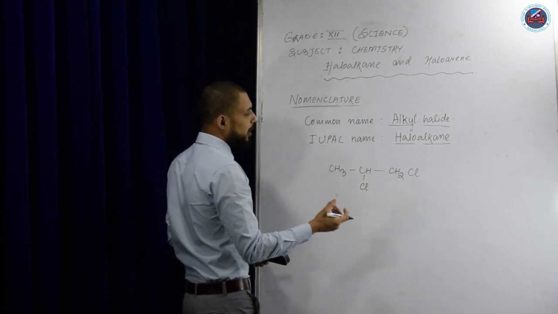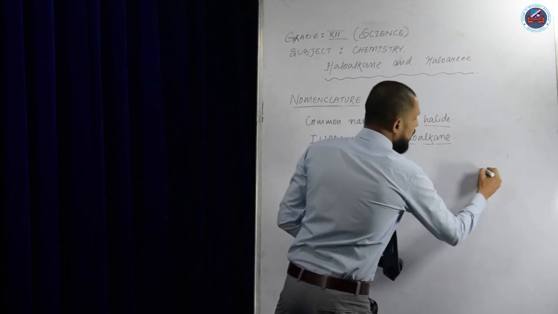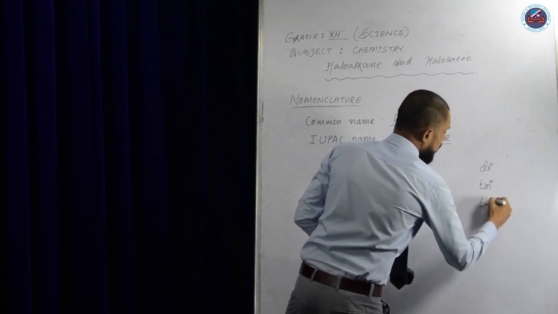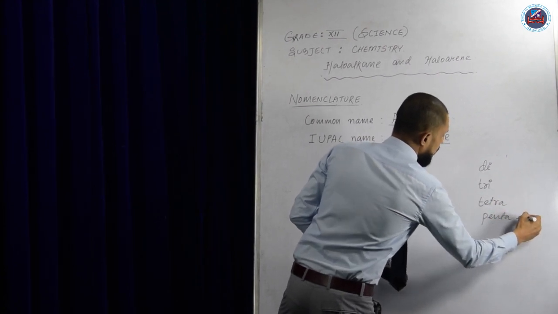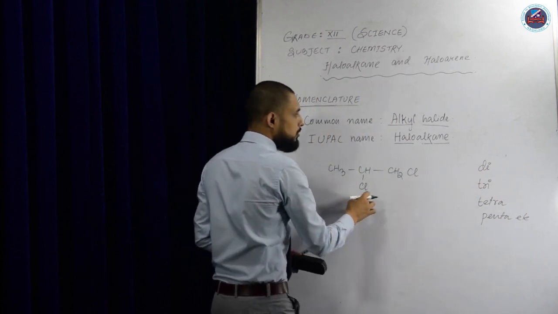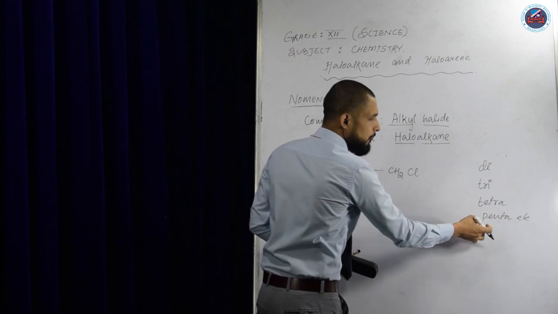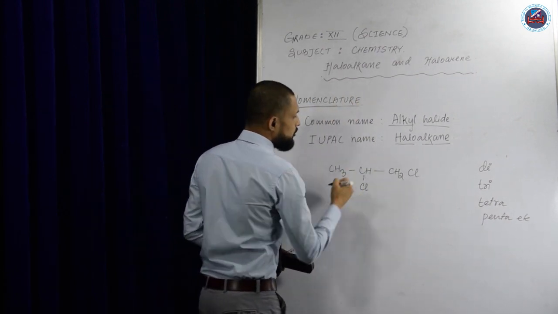So if we have 2 substituents of the same type, we'll use prefixes like di, tri, tetra, penta, etc. Di when we have 2, tri when we have 3, tetra when you have 4, penta if you have 5. So let's try writing the name of this compound.